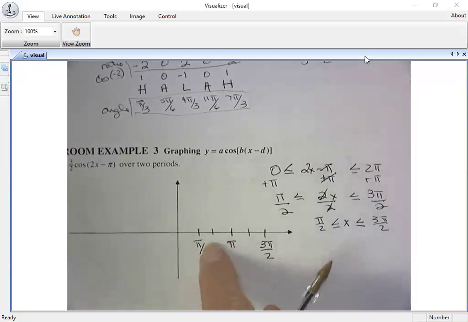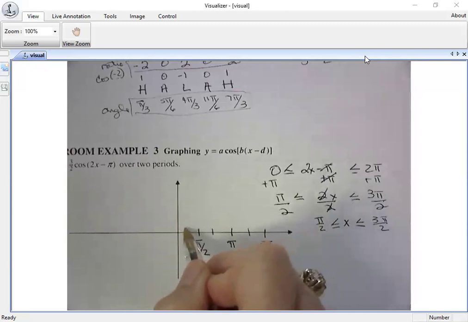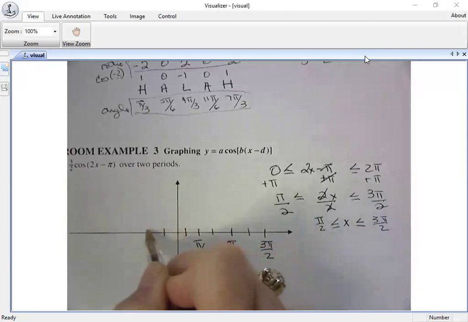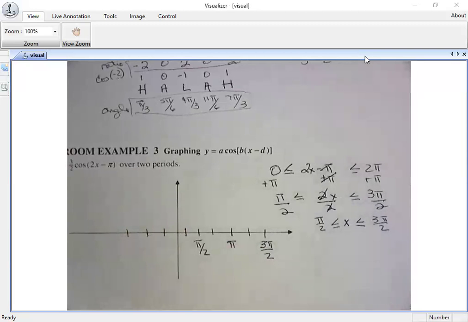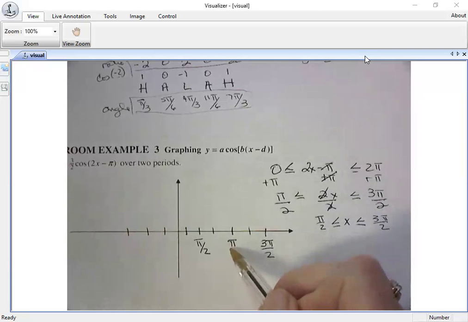Okay, now let's see if you can figure out what's in between pi over 2 and pi. Same process, add them up, divide by 2. So pi over 2 plus 2 pi over 2 is 3 pi over 2.